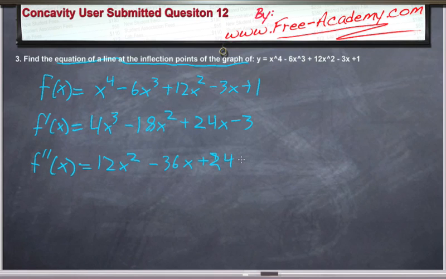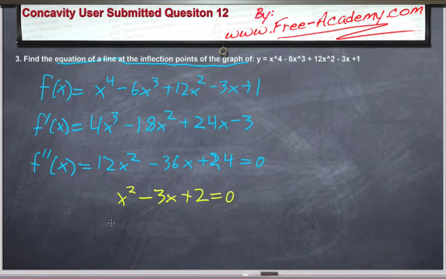Then to find the inflection points, we need to set this equal to 0. The first thing we want to do is divide out a common term, which is pretty clearly 12. So this is x squared minus 3x plus 2 equals 0.